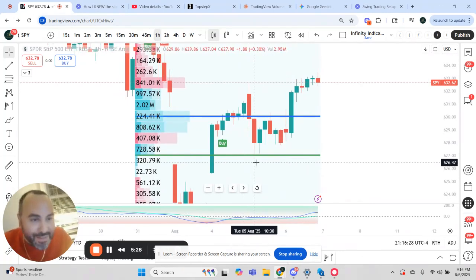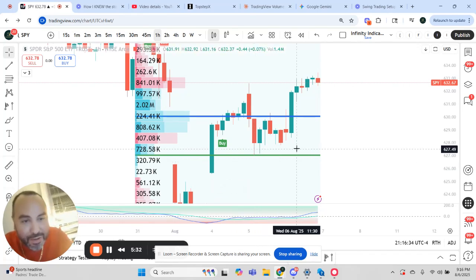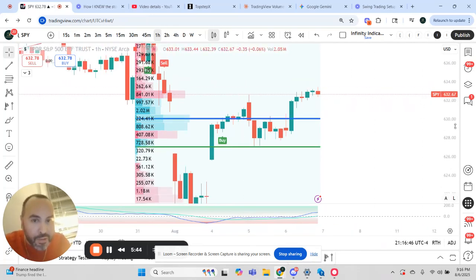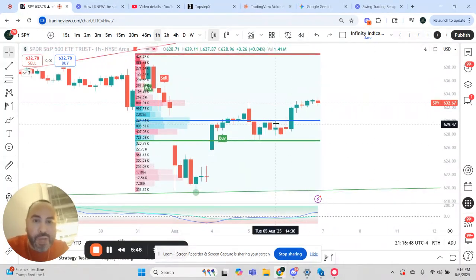Unfortunately, I was sitting down at 626, a little heavier, waiting for an entry there because I mapped it out wrong. So try and get it exactly to where the candle wicks touch for the high of the week and the low of the week. And then you just keep those key levels in mind when you're trading.